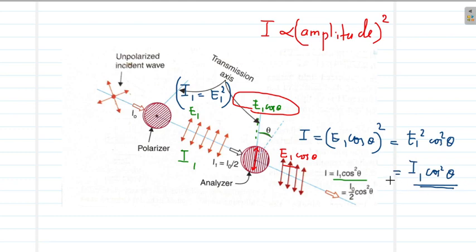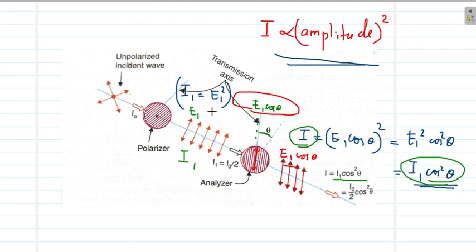So Malus law simply considers that the electric field component that is parallel to the transmission axis will be transmitted. And from the knowledge of I proportional to amplitude square, we can in fact deduce Malus law. So this is how intensity is related when the plane polarized light passes through an analyzer. The transmitted light will have a lower intensity I, which is equal to I1 cos square theta.